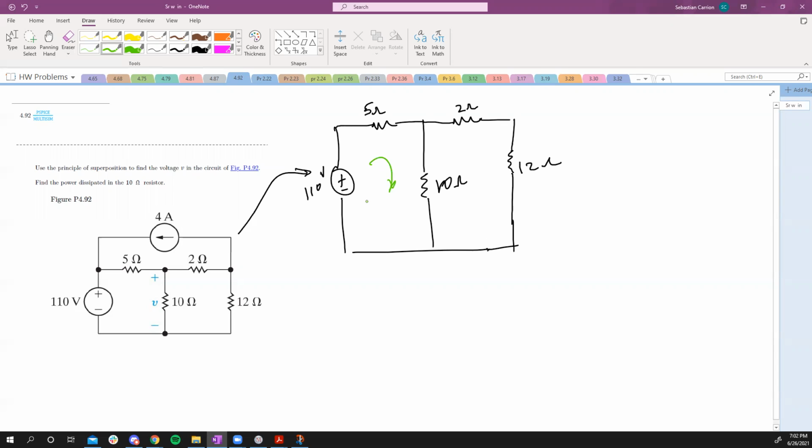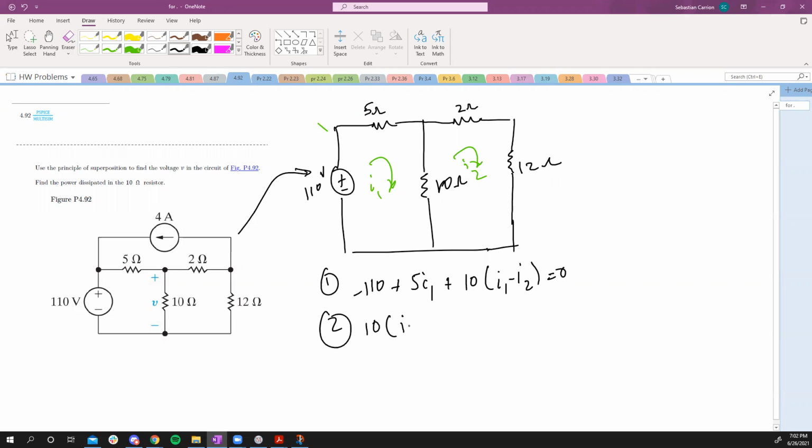So we're gonna have two loops here, I1, I2. So our first equation would be 110 plus 5I1 plus 10 times (I1 minus I2) equals 0. And then our second equation would be 10 times (I2 minus I1) plus 2I2 plus 12I2 equals 0.